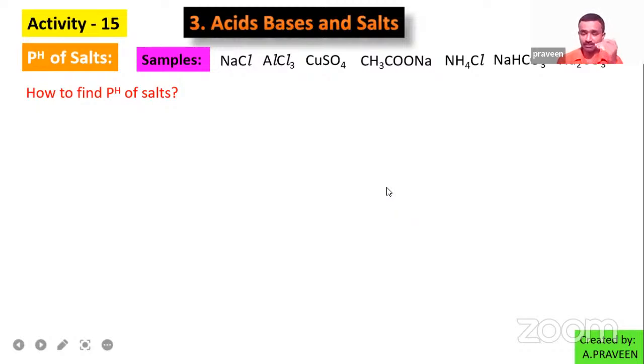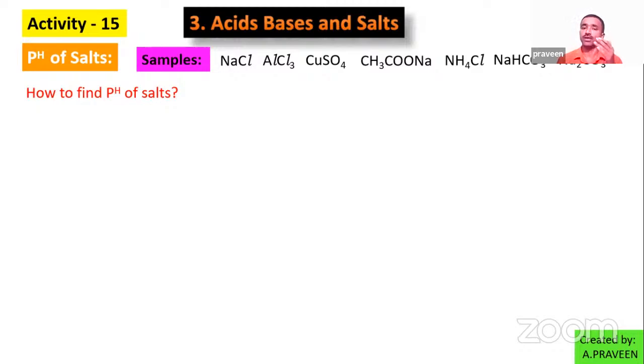So we have to prepare an aqueous solution of the salts, each salt dissolved in distilled water. Why distilled water? Because distilled water has what nature? No nature. Distilled water is neutral.